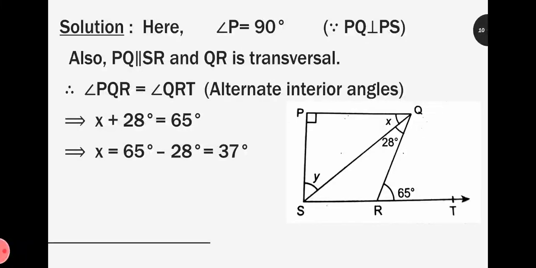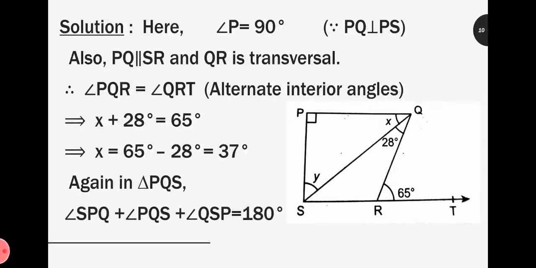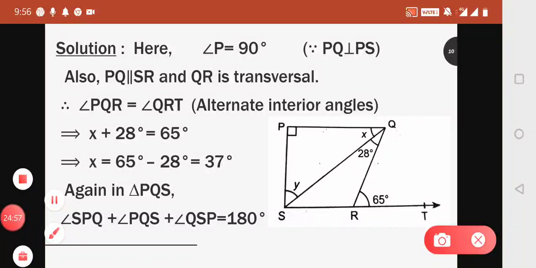Now to find the value of Y, again in triangle PQS, you can see another triangle PQS where angle SPQ plus angle PQS plus angle QSP equal to 180 degree. We have selected now this triangle PQS.